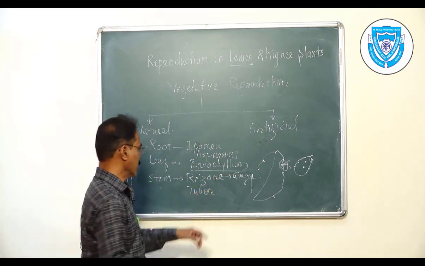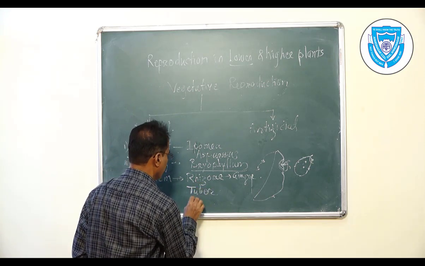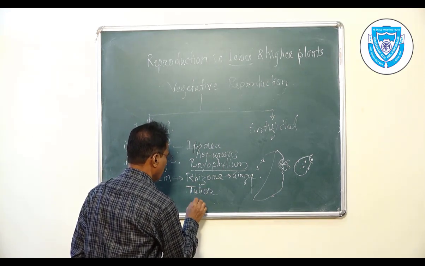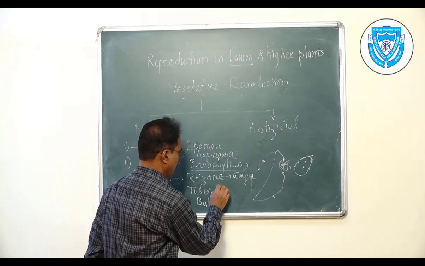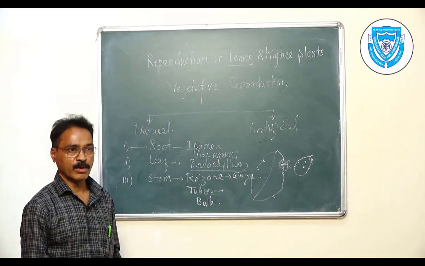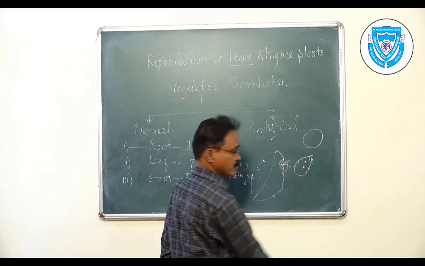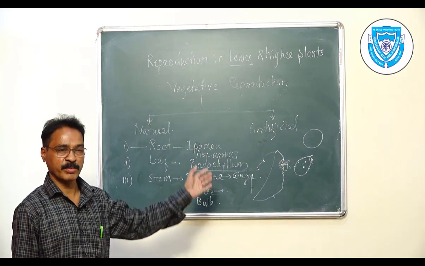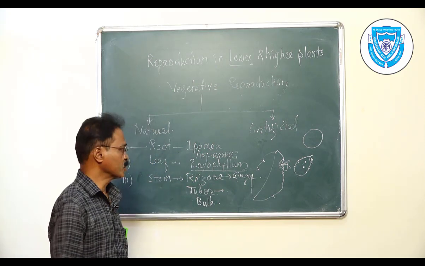Okay. Tuber is next, and third one is the bulb. So rhizome, that is ginger or turmeric. Second is the tuber. For the tuber, you must know the example which is potato. Tuber is the potato. It is the modification of the stem which is present inside the soil or below the soil level.